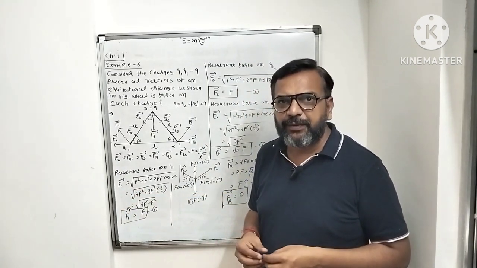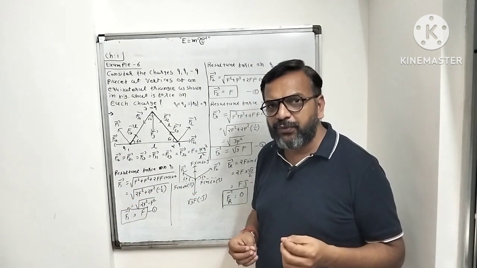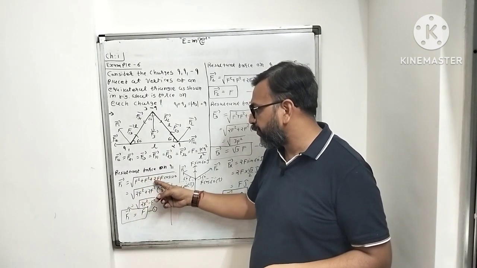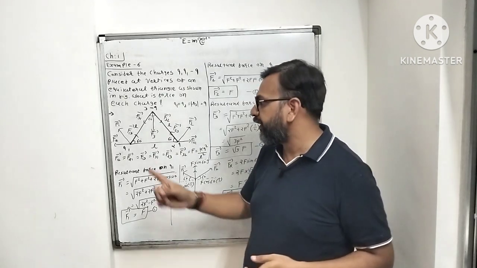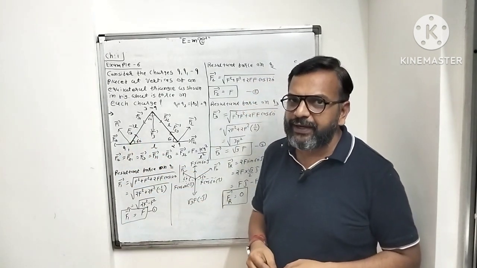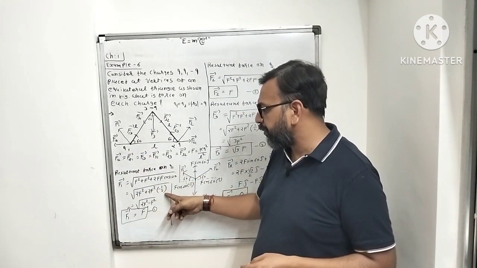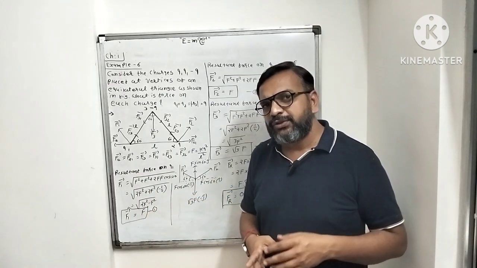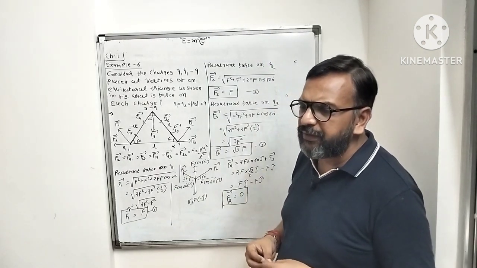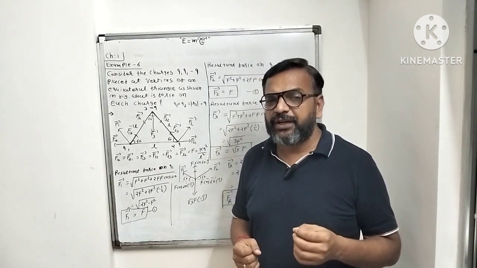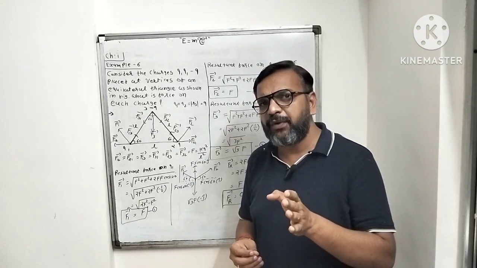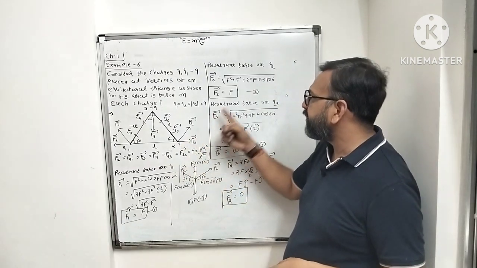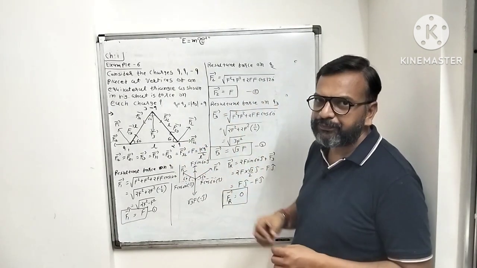In 11th science chapter number 3, we learned how to find the resultant force when there is an angle between two vectors: first term square, second term square, plus 2 into first into second term into cos of the angle between the two vectors. Here the angle between the two vectors is 120, cos 120 is minus 1 by 2, the 2 cancels, and 2 minus 1 gives F. So remember this concept: whenever the angle is 120, the resultant vector becomes equal to the original vector. Similarly for the resultant force on charge Q2, the same 120 angle, same result.